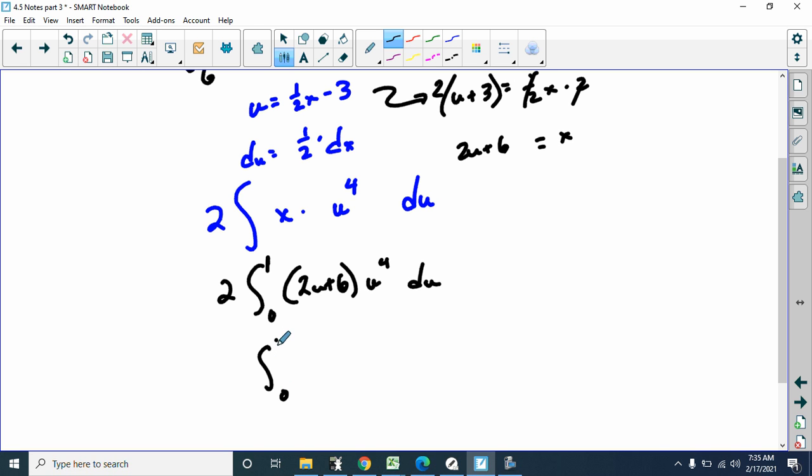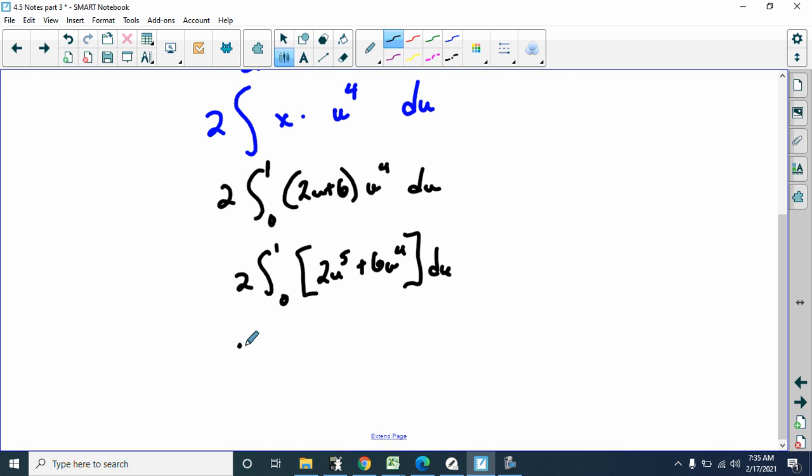We can integrate that by distributing the u to the 4th. And now we can integrate. Add 1 to the exponent. Divide by 6. 2 divided by 6 is 1/3.